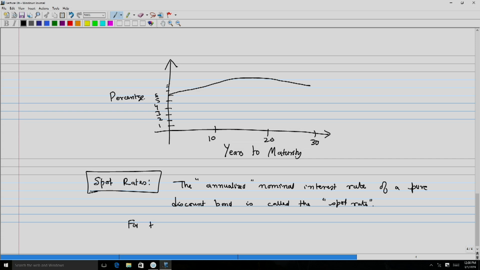Now, for pure discount bonds, the spot rate is equal to its yield. It is obvious that the spot rate is going to be equal to yield in case of a pure discount bond, because you are making an initial payment which is the price of the bond and you receive a final payment. So, whatever is the prevailing interest rate applicable for this particular bond is obviously going to match the yield of the bond.